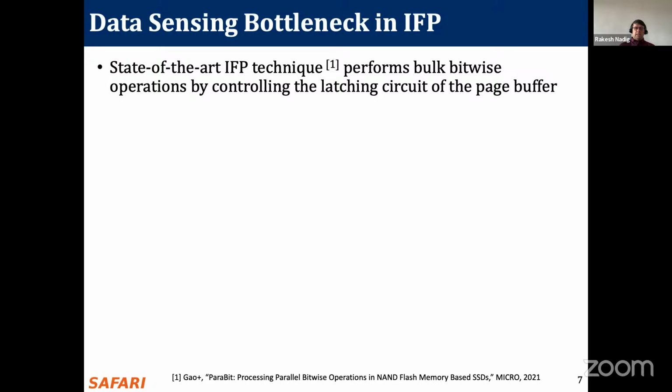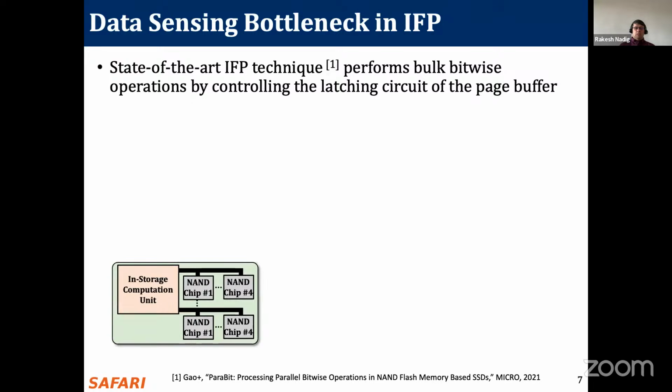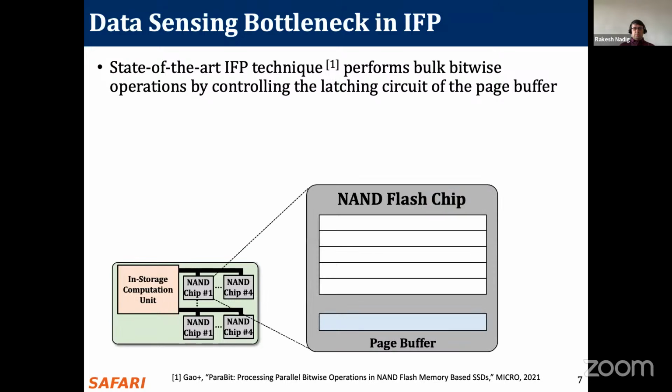So in each flash chip, we have a page buffer where the data is transferred within the flash chip and then moved outside the flash chip. So if we look at a NAND flash chip, we see several pages and a page buffer in the NAND flash chip.